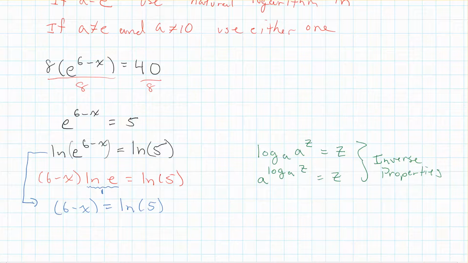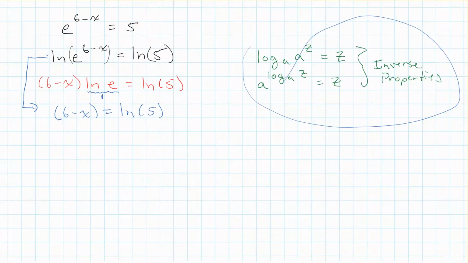So you can write this red step down and then go down to the blue step, or you can just go from this black line down to the blue line. And if you're doing this black line down to the blue line, what you're using are these inverse properties here. Alright, so let's finish solving this out. There's not much left to do here.